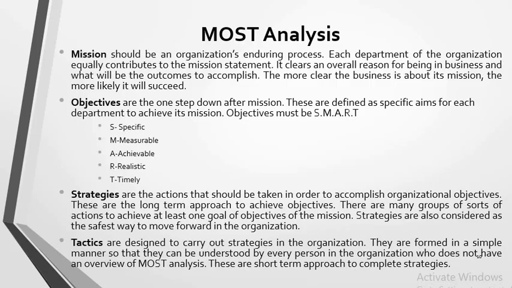And the more clear the business is about its mission and vision, the more likely it will succeed. Then come the objectives, which are one step down after the mission, and these are defined as the specific aim for each department. Like in every organization, there is one mission and one purpose for being into business, and then there are different departments in the organization, and for each department there are different objectives, defined as the specific aim for each department to achieve its mission.